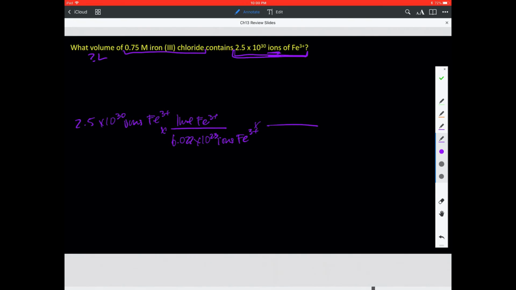And then for every 1 mole of Fe, I know that there is 1 mole of FeCO3, yes? As in that's a relationship that I know. And that for every 0.75 moles of FeCO3, it requires 1 liter of FeCO3. Right.